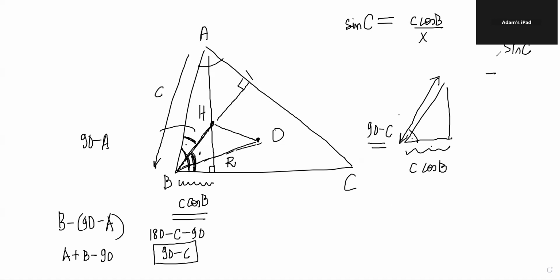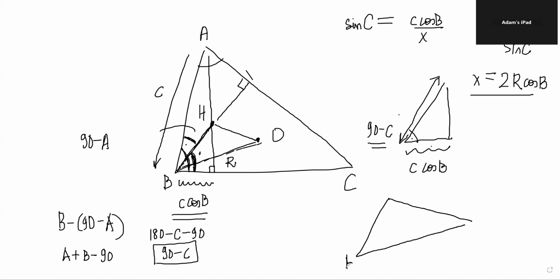So C by sin C is 2 capital R, so 2R cos B. So basically now I know in triangle BHO, this distance is 2R cos B, and I know this distance is R, right? And I can find this angle because I know the other two angles. I know this angle and I know this angle also, right?